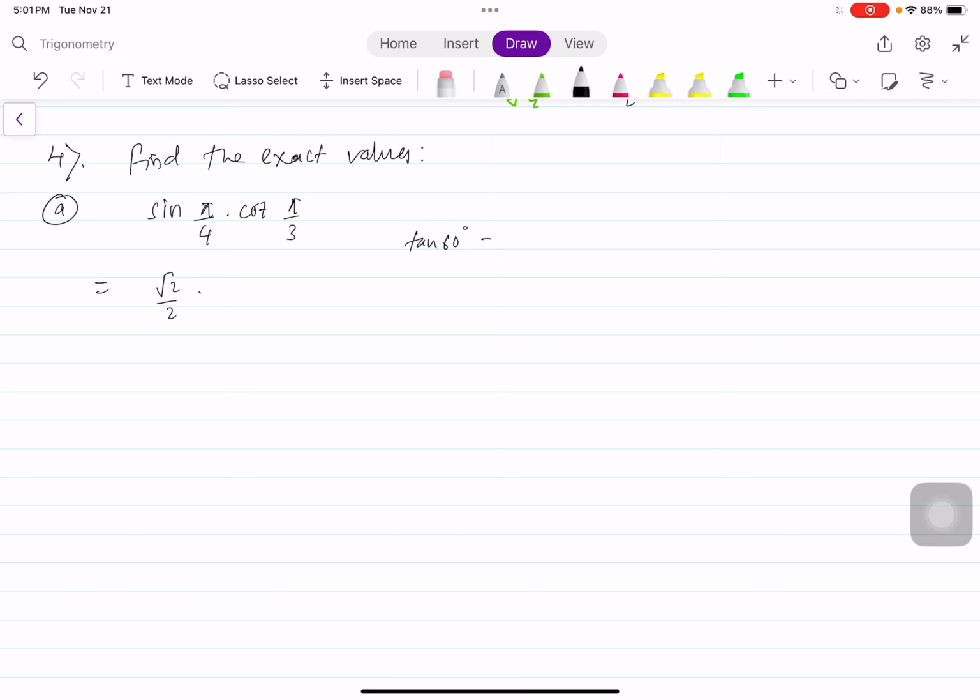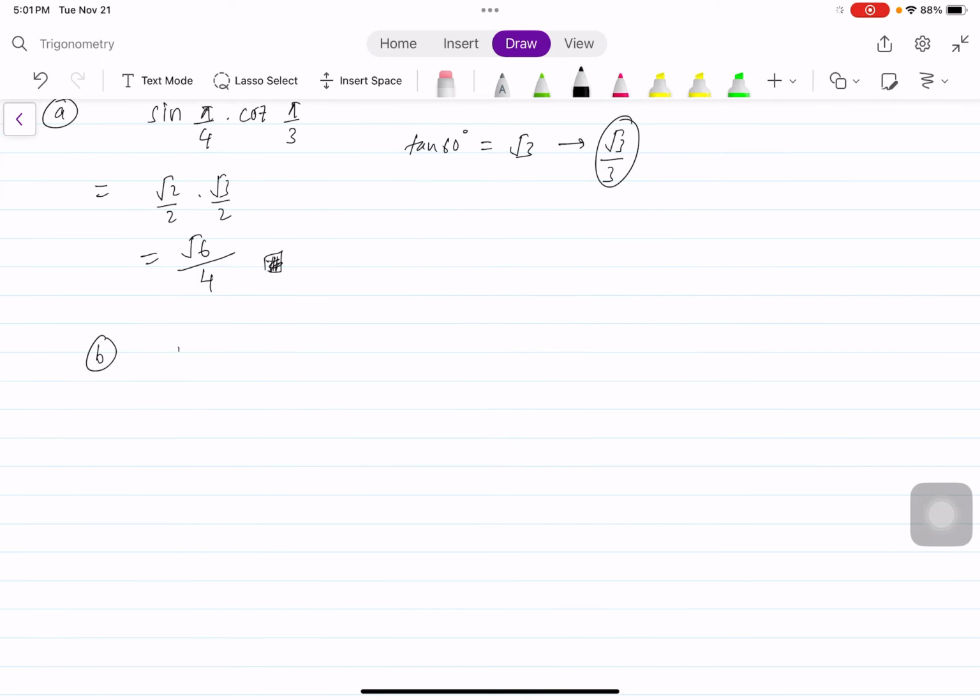Tangent 60 degree is square root 3, so its reciprocal is 1 over square root 3, which can be written as this after rationalization. Normally we don't like square roots in denominators. So multiply over 4, that's the point where you stop. So this is how we solve it.